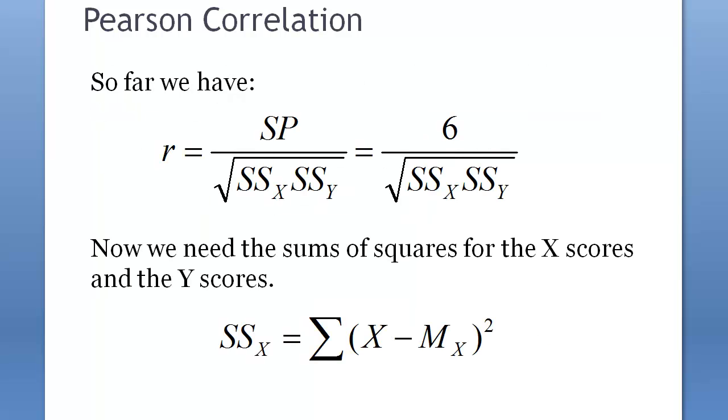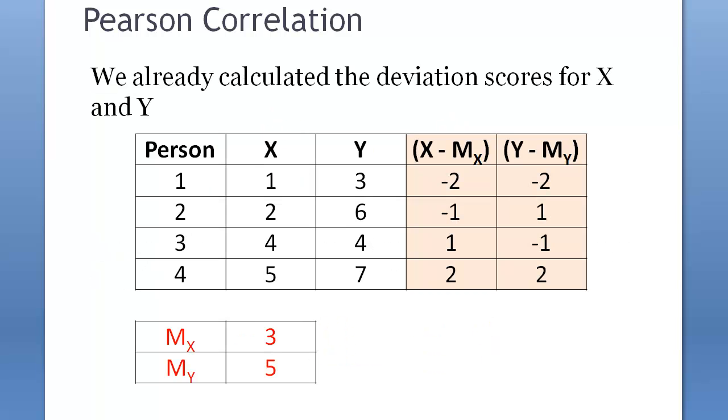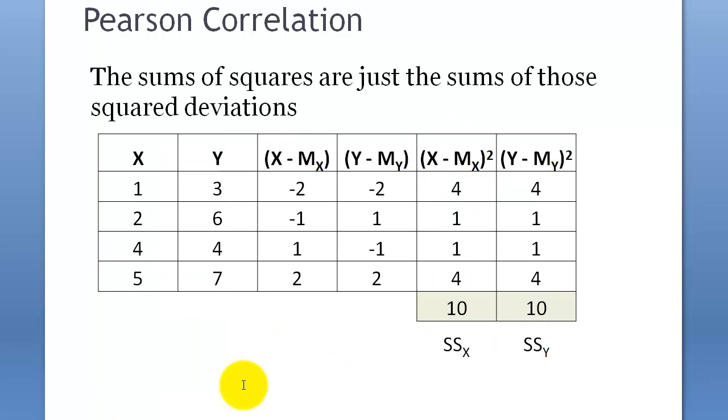Okay, so you do multiplication, sum of squares x by sum of squares y, and you get the root. Why do you do that?